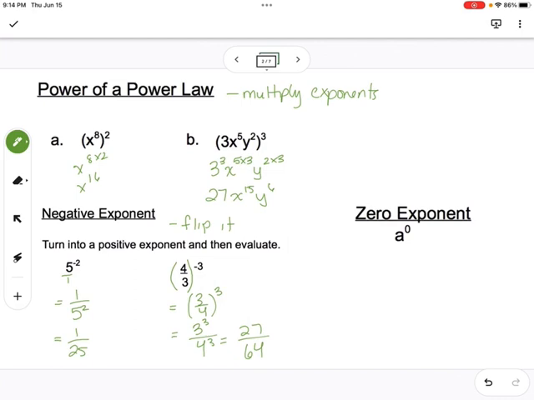Okay, and with our 0 exponent, anything to the exponent 0 gives you the answer of 1. So it doesn't matter what we have there, it will equal 1.